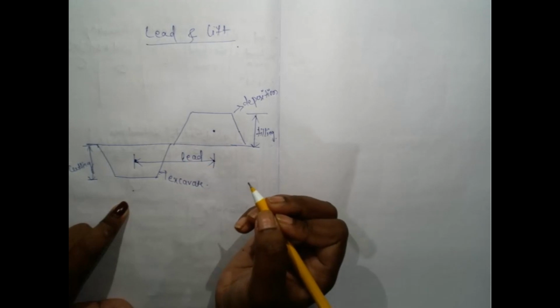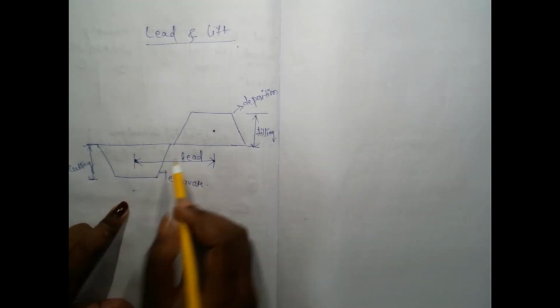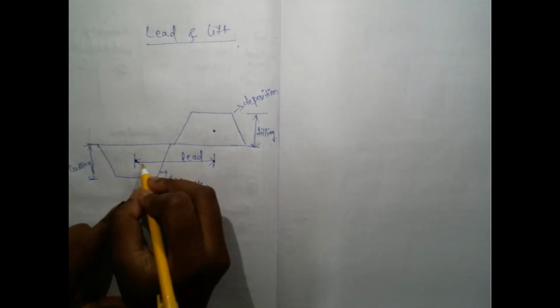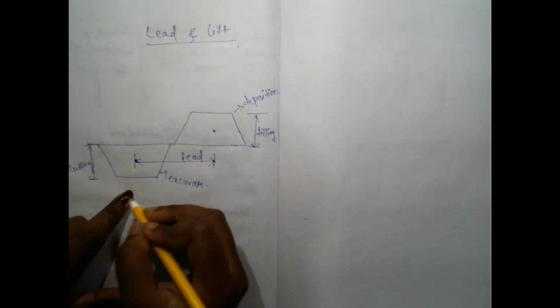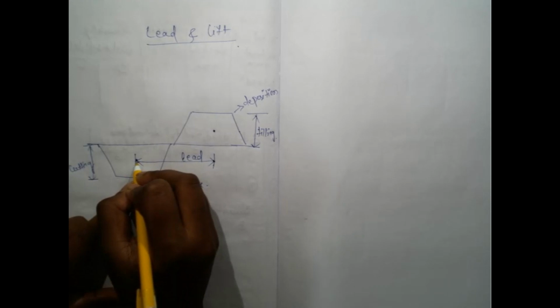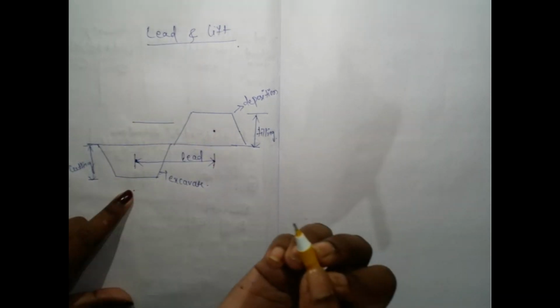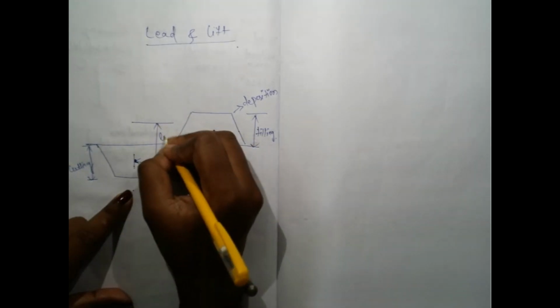Okay, the horizontal distance between the center of excavation and the center of deposition is called lead. And what is lift? It is the vertical distance from the center of the excavation to the center of the deposition. This is the vertical distance, so we will call it lift.